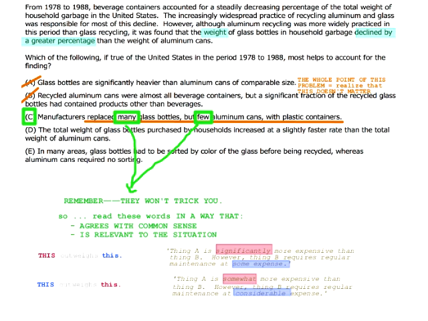It makes the findings make even less sense, because remember, the findings are that the decline in glass was bigger. So if people were starting to buy more and more glass, that doesn't explain this. That makes us even less inclined to think this makes sense. And nobody picked E because it's pretty clear that E is irrelevant.